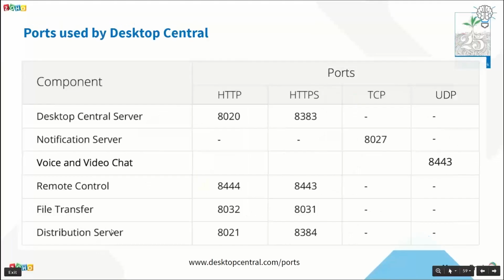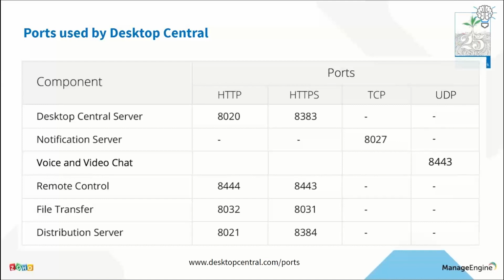Let's get to the ports that are used for Desktop Central. Desktop Central runs primarily on two ports, 8383, which is HTTPS, or 8020, which is HTTP. All the agents talk to the server using this port. There is one another port, 8027, which is TCP.